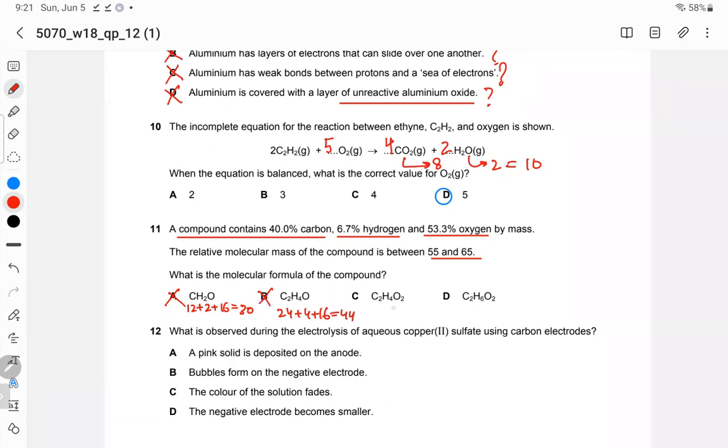So out of C and D, there is a correct answer. 24 plus 4 plus 32: 24 plus 4 is 28, 28 plus 32 is 60. So this can be a correct answer. 24 plus 6 plus 32 is 62. So out of C and D, we have a correct answer.